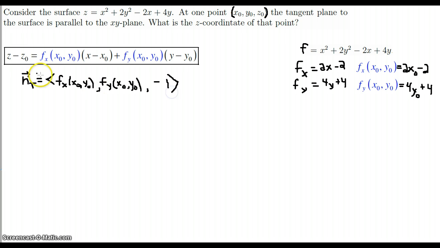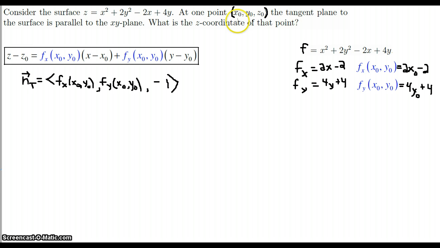How do you get that? Well, to find a normal vector, you find the coefficients on x, y, and z, and so that's what they would be. Now, this is the normal vector to the tangent plane.